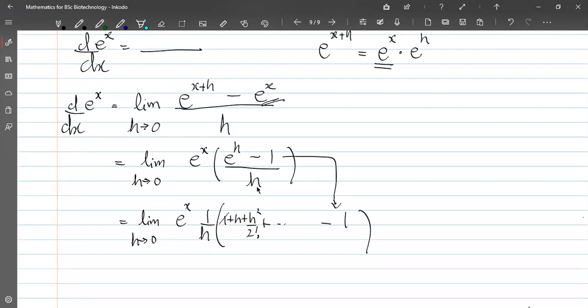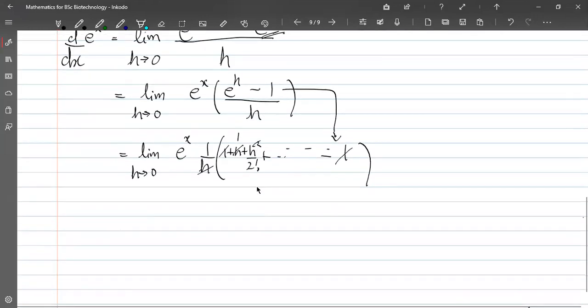So 1 cancels out. Then after 1 cancels out, every term has h in it, so h also cancels out. So this h cancels out and becomes 1. This is actually the second cancellation, and so on.